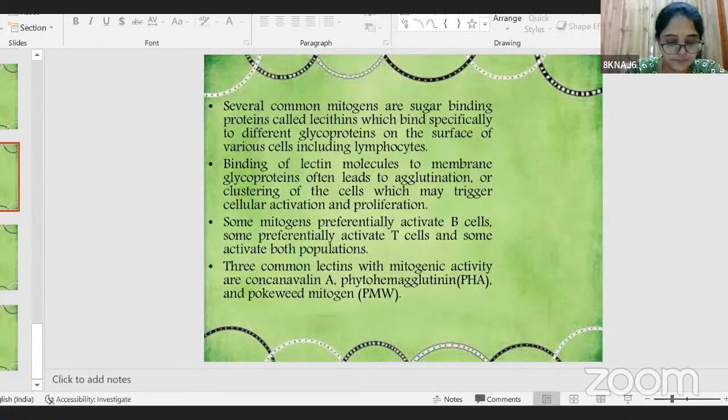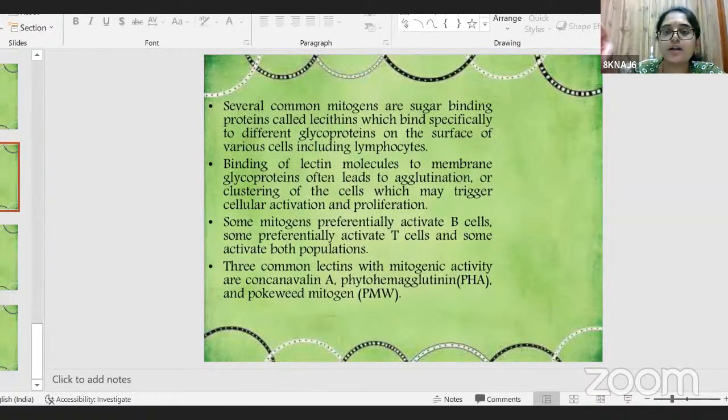All of this matters. Then different types: bacterial antigen, viral antigen, somatic antigen, like cell wall, flagellum, you name it, they are there. Viral antigens have the capsid protein as well as other viral proteins which make important antigens.